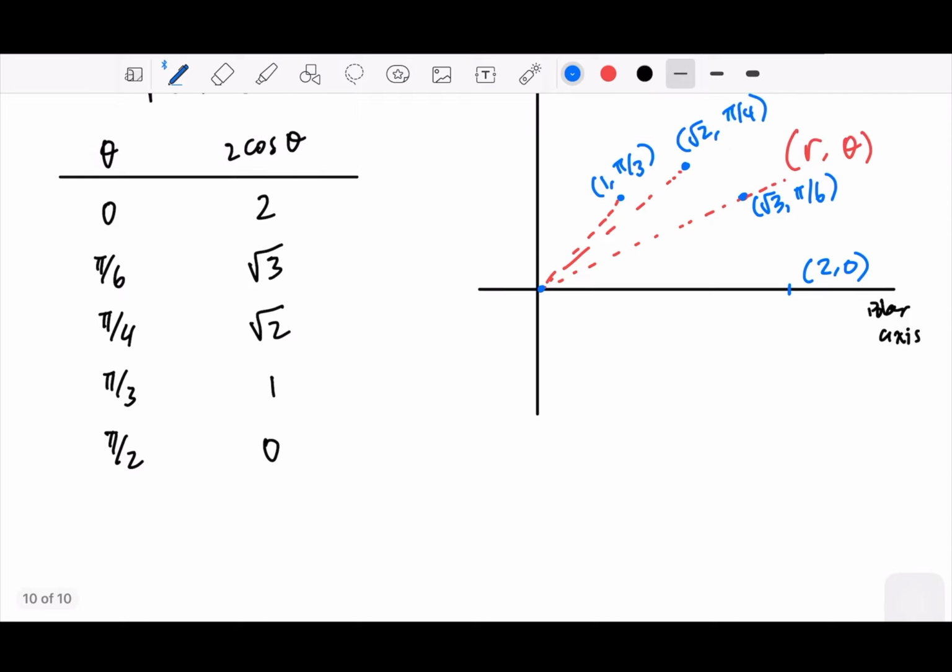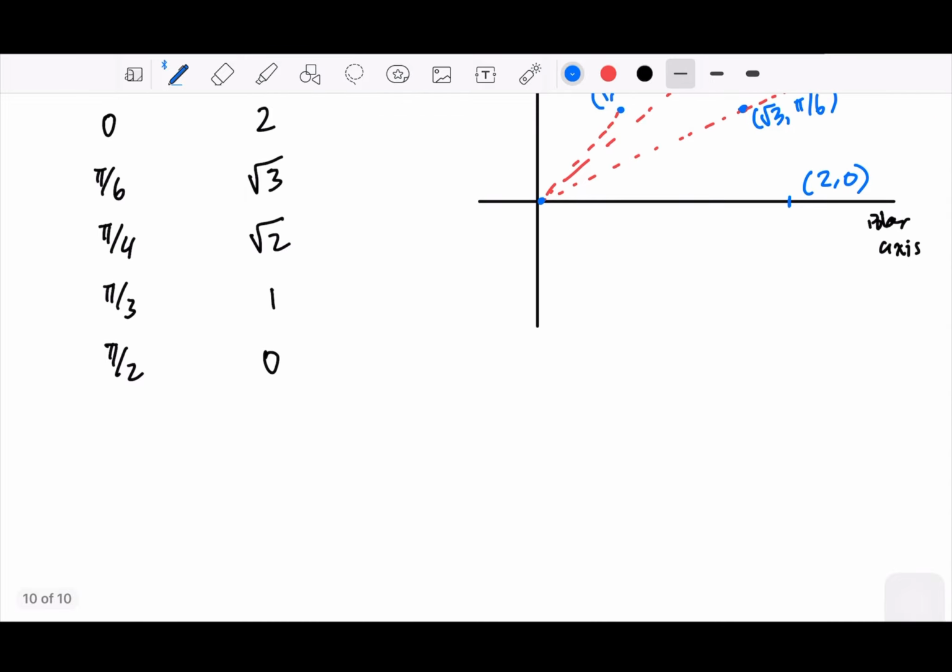Now, if we try to find until pi, we can try as well. We can check this, and this will be a negative, right? This is precisely the same value, but with the opposite signs.